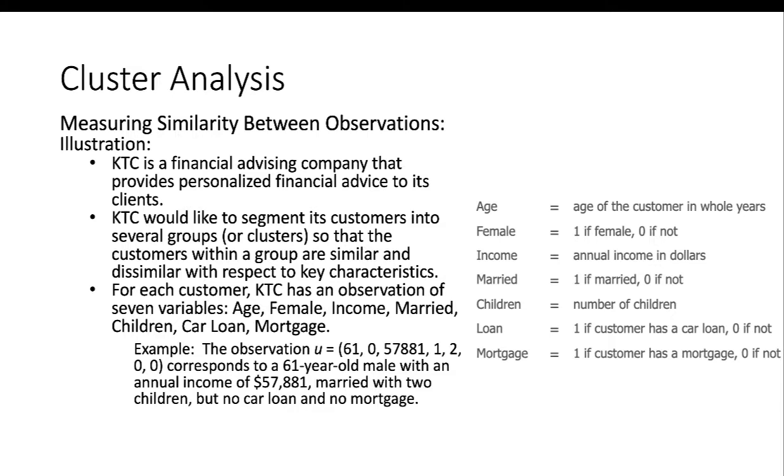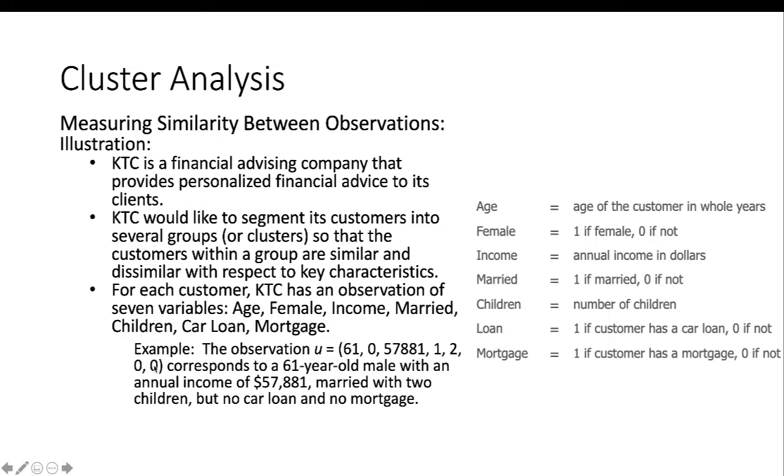For example, the observation U equal to 61, 0, 57,881, 1, 2, 0, 0 in that order corresponds to a 61-year-old male with an annual income of $57,881, married with two children, but no car loan and no mortgage.